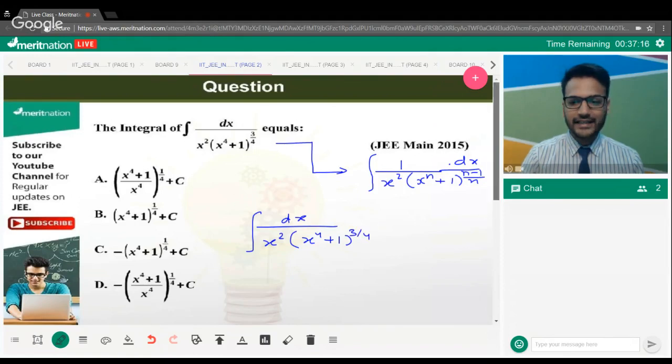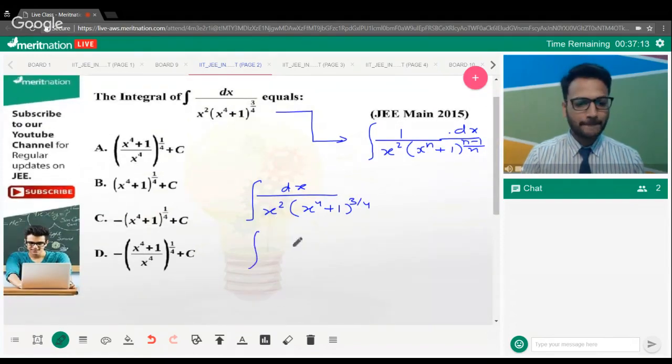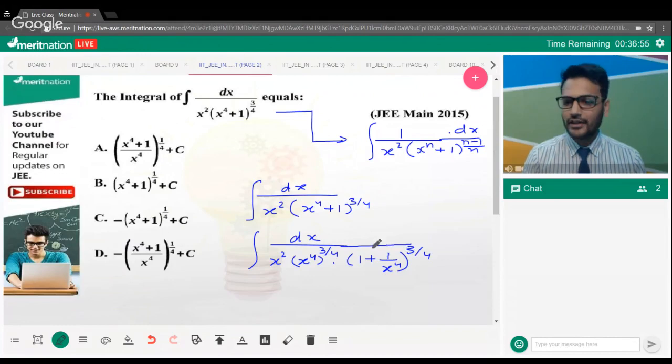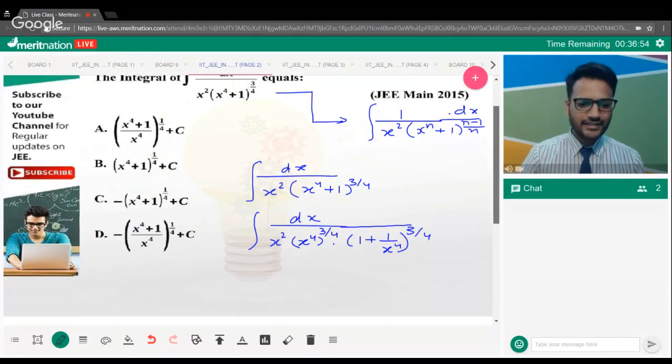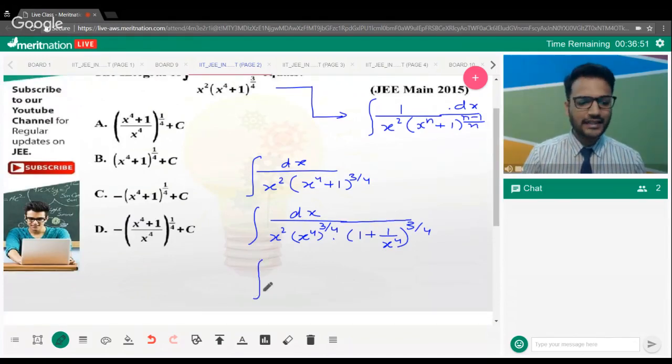If I take x to the power 4 as common, because there is a power of 3 by 4, we need to raise it to the power 3 by 4. We will be left with 1 plus 1 upon x to the power 4, whole stuff to the power 3 by 4. I hope all of us know how to take common. Now, this is a step which is kind of redundant. You can skip this step and eventually write the final thing over here, right?